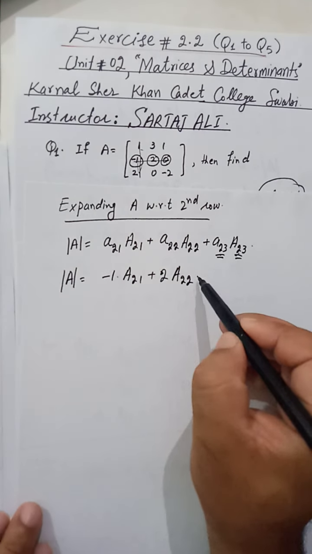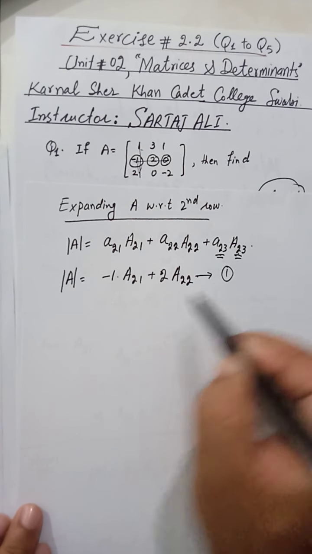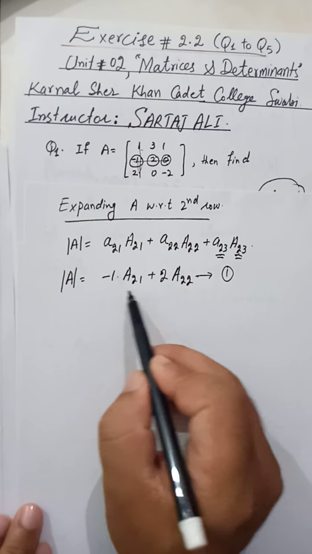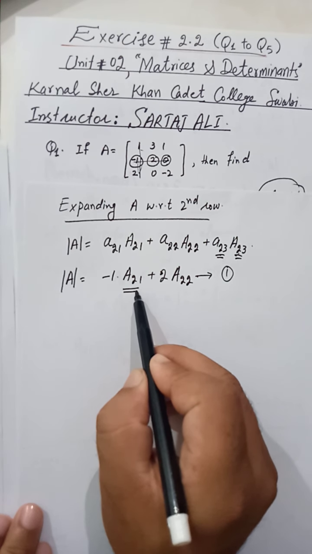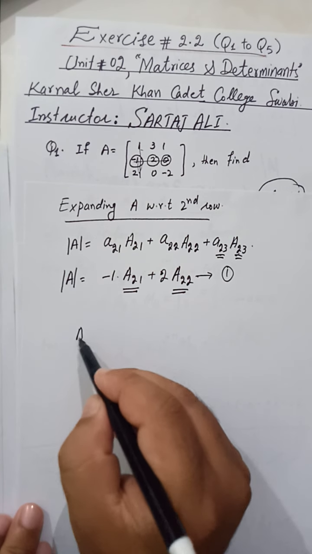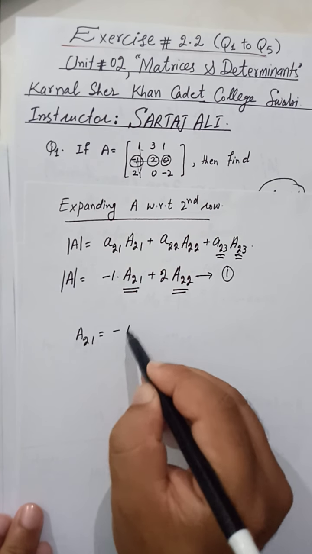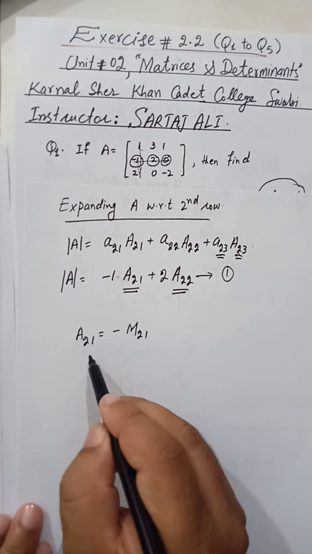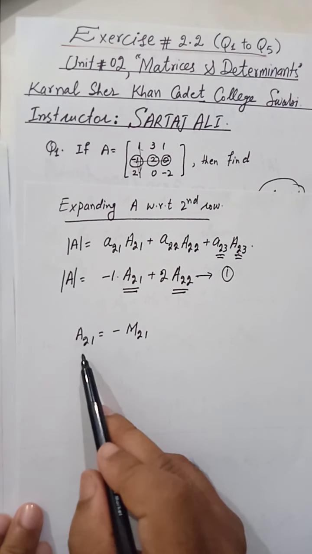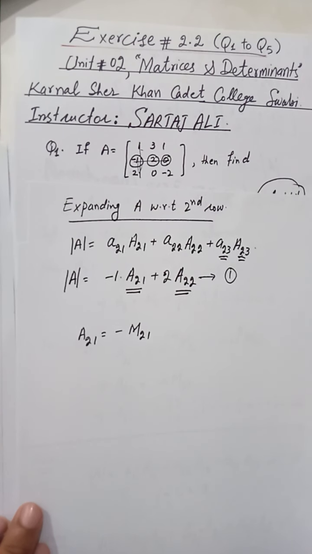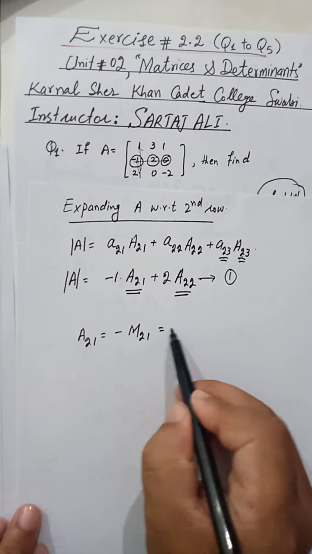Now let's say this is equation number 1. To calculate the determinant of matrix A, you need to find A21 and A22. Capital A21 will be equal to minus times M21, because 2 plus 1 equals 3, which is odd. So the cofactor will be minus times the minor.